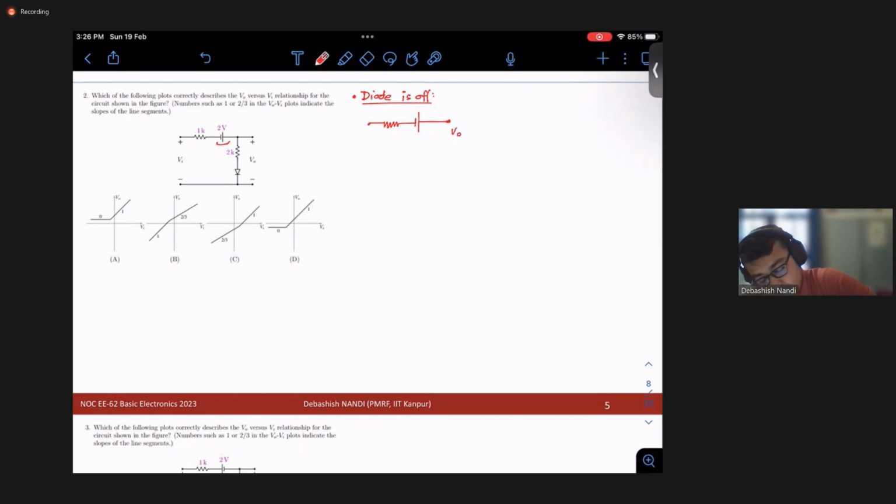So this is your V0, this is Vi, this is 1K, this is 2 volt, right? If I apply KVL, then no current is flowing, so Vi plus 2 is equal to V0, right? Let's mark it as equation A.